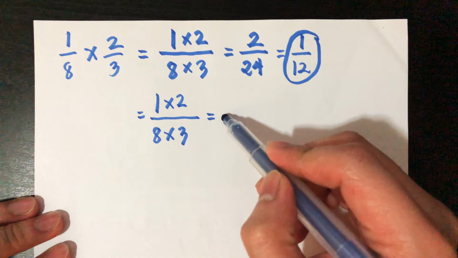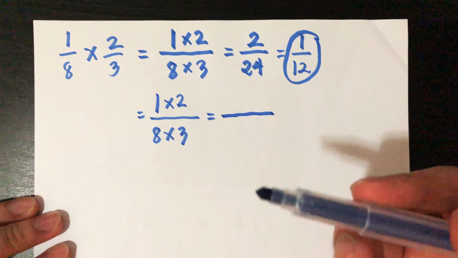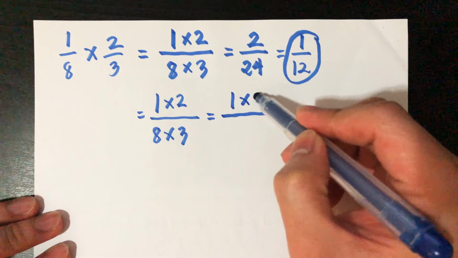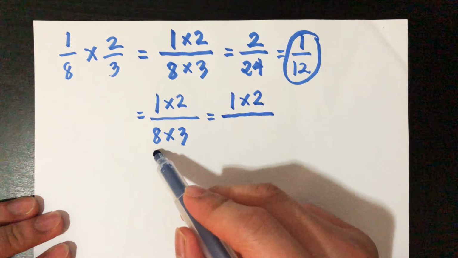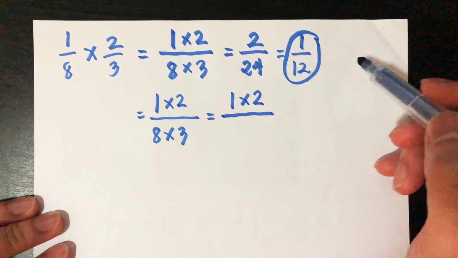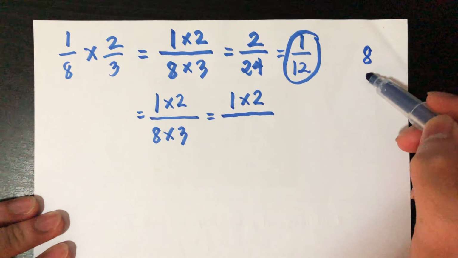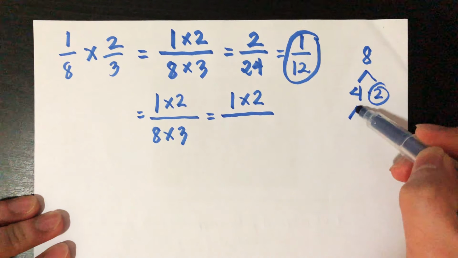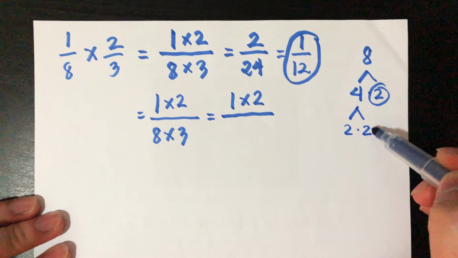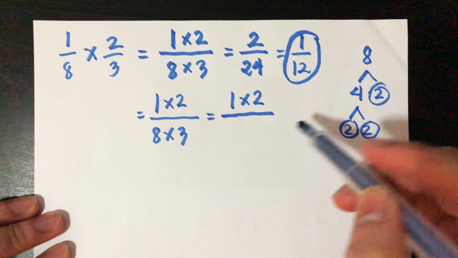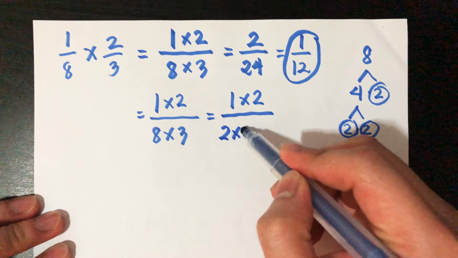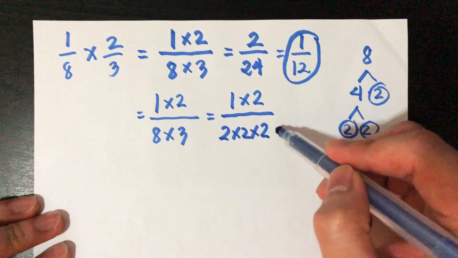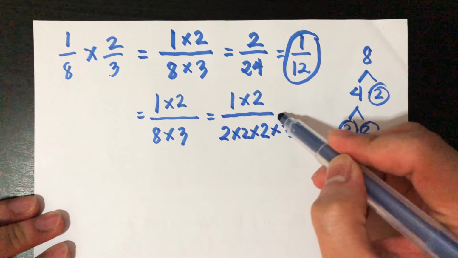In this case, 1 and 2 are already the prime numbers. So we have 1 times 2. Then for 8, we can break down 8 into 4 times 2. Then we have 2 times 2. So we have now 2 times 2 times 2. Then 3 is already a prime number, so times 3.